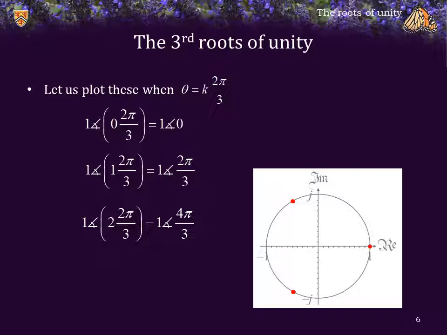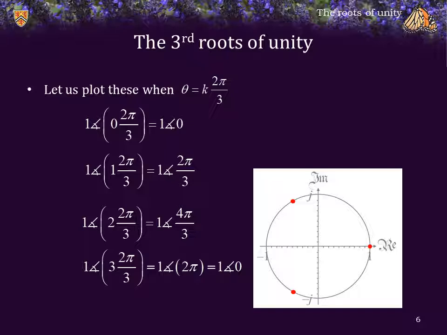When we let k equal 2, we get this point down there that is equal to 1 phase 4 pi over 3. And finally, if we let k equal 3, well, wait a second, that's just 1 phase 2 pi, which is equal to 1 phase 0, which is equal to 1.